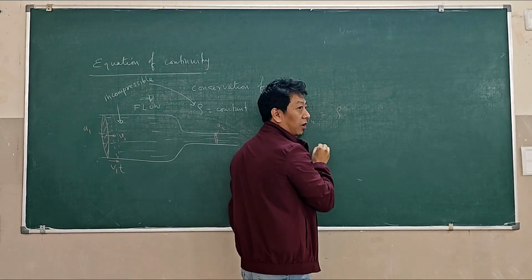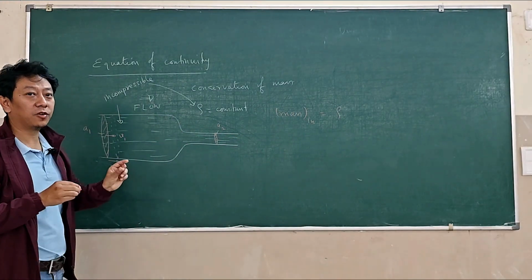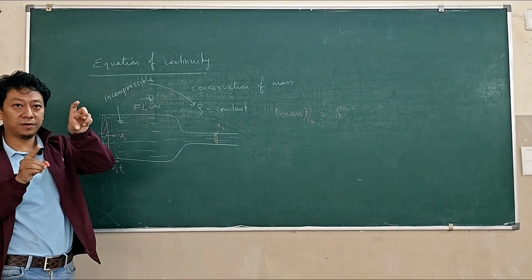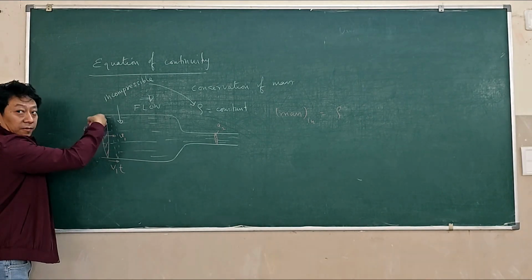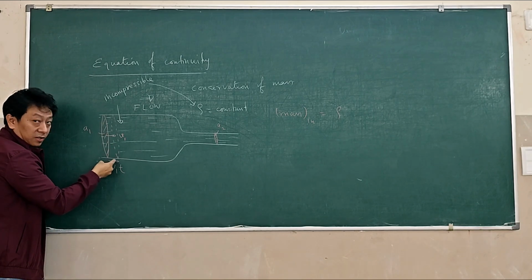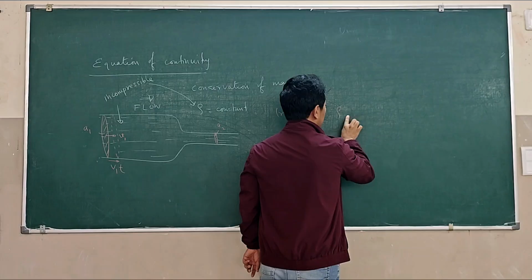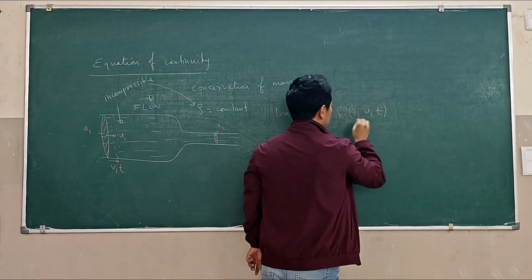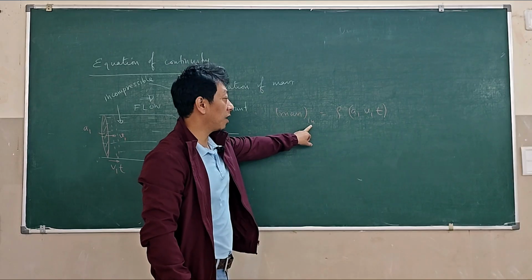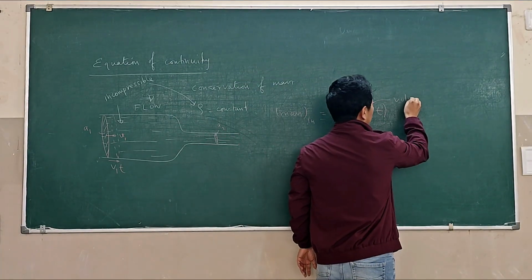This mass will be what? Density into volume. This is what shape? Cylinder. Cylinder's volume is what? Area into height or pi r square h. Pi r square is the area. H is this distance which is v1t. So area into distance. Distance is v1t. So this is the mass which came in: density into this volume which came in.